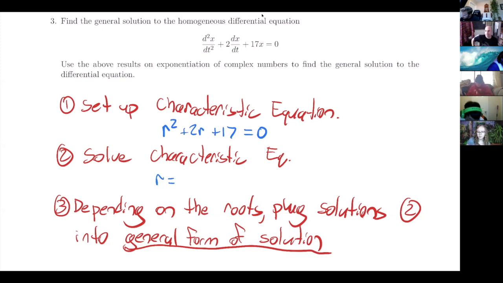Anyone get the roots? r equals -1 plus or minus 4i. What do you guys think? Okay, I'm getting some head nods. Is it 4i or 8i? It should be 4. That's right.